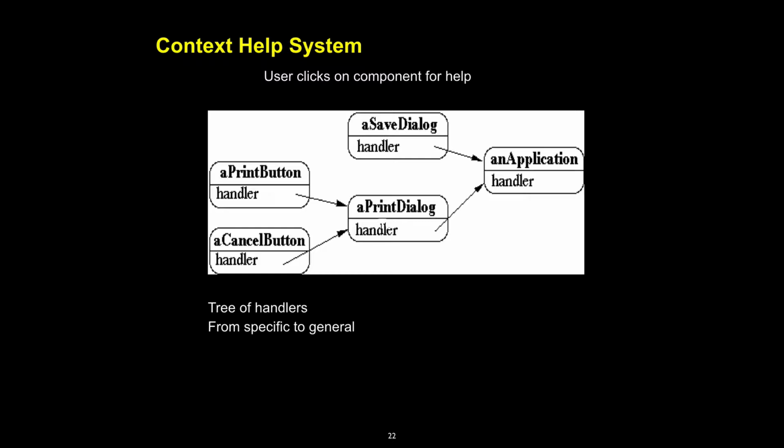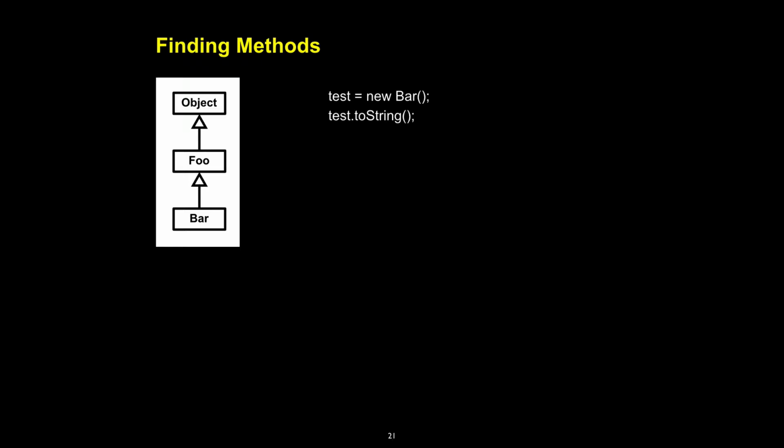One thing you note is that this won't happen in Java, but it can happen in Python, where you send a method to a class and it's not there, you go to the parent class, it's not there, you keep going up the chain, and it just may not be there.